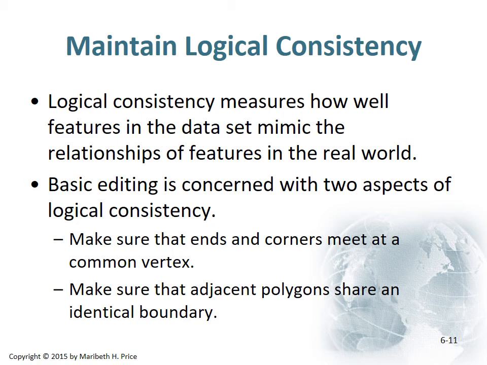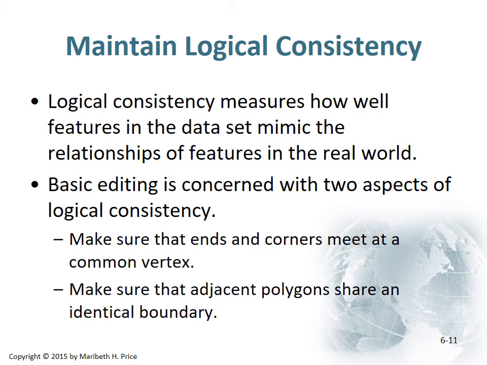When we're looking at polygons in particular, there's two things we really need to watch when we're digitizing and describing areas. It's to make sure that the ends and the corners, the point locations, meet at the common vertex as they should, to adequately and accurately describe space, and that adjacent polygons in the same coverage share an identical boundary.